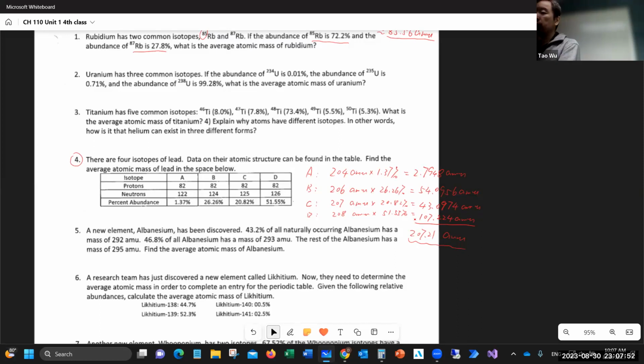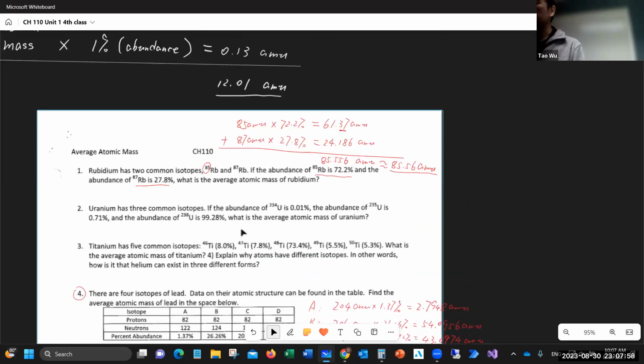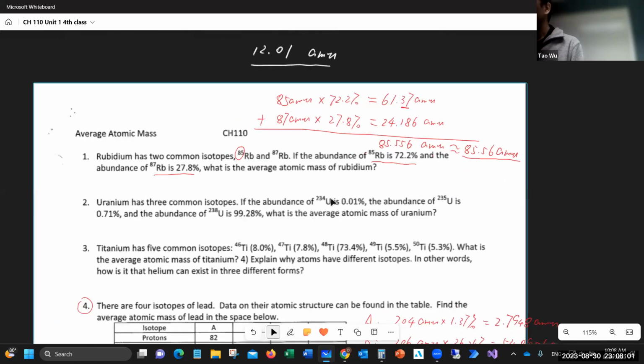This is how we do the average atomic mass, generally the same. And I just want to emphasize this: if the question does not give you the mass for each of the atoms, then you can use the mass number.